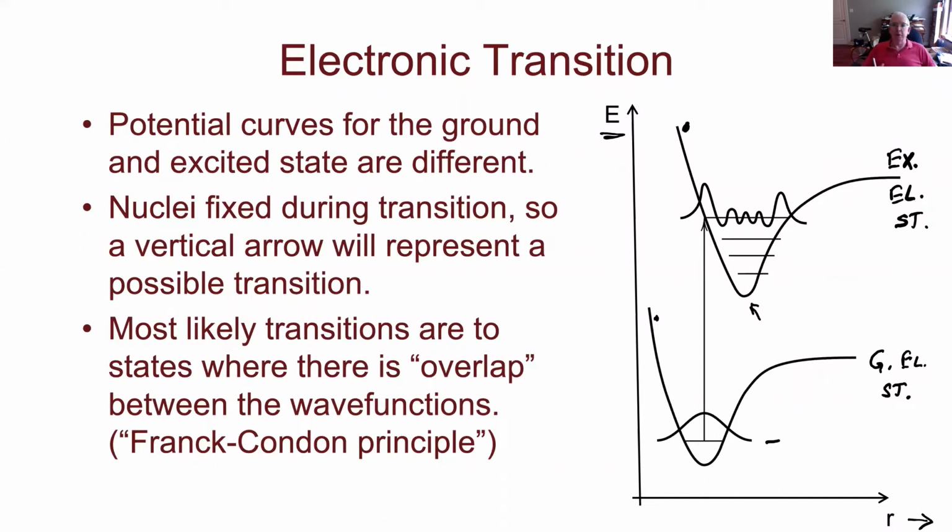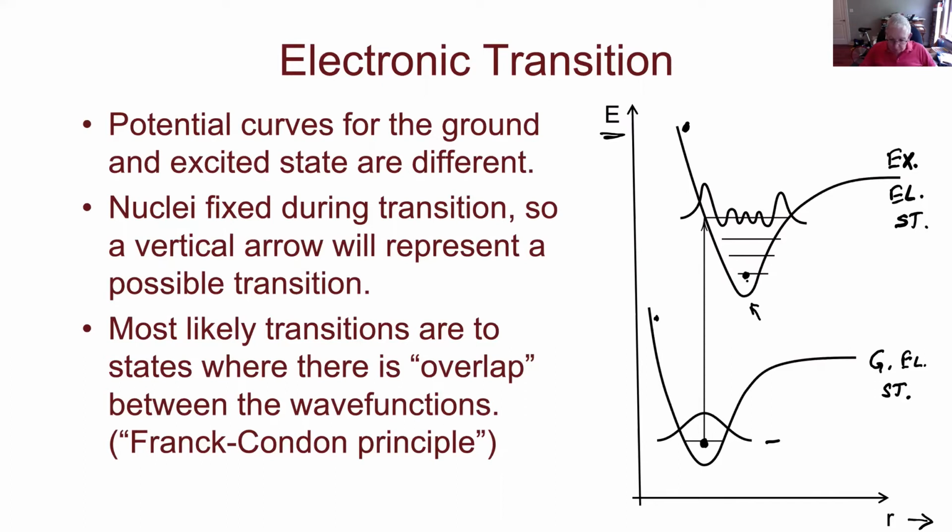So I'm promoting an electron to that new molecular orbital. When I do that, on this diagram, my transition needs to be represented by a vertical arrow. Okay, so if I say, well, this is the normal bond length in the ground state, that's the highest probability. I'm not going to be able to go from that bond length to this bond length, right?